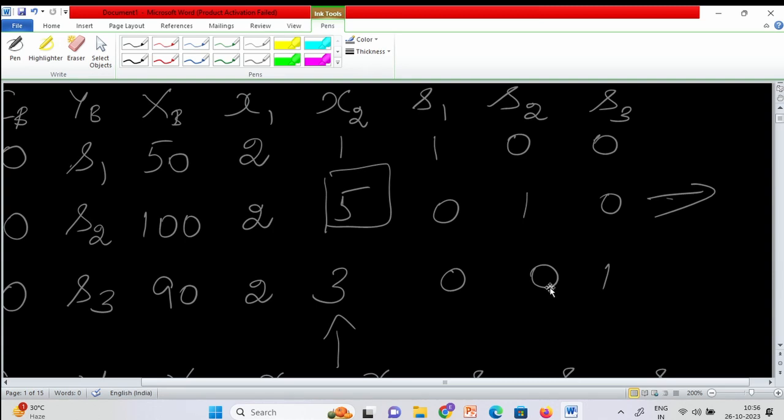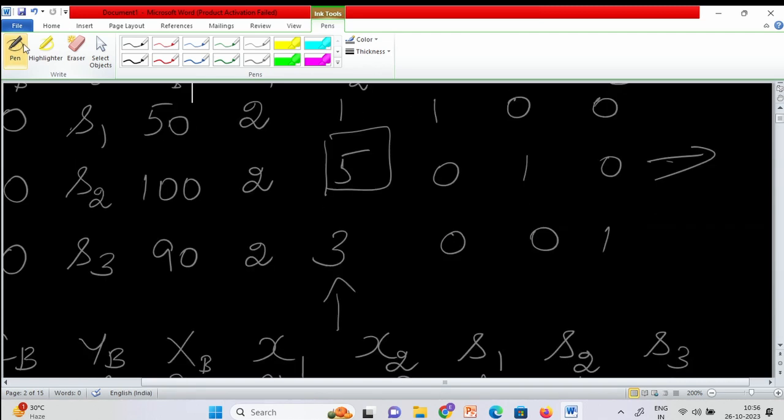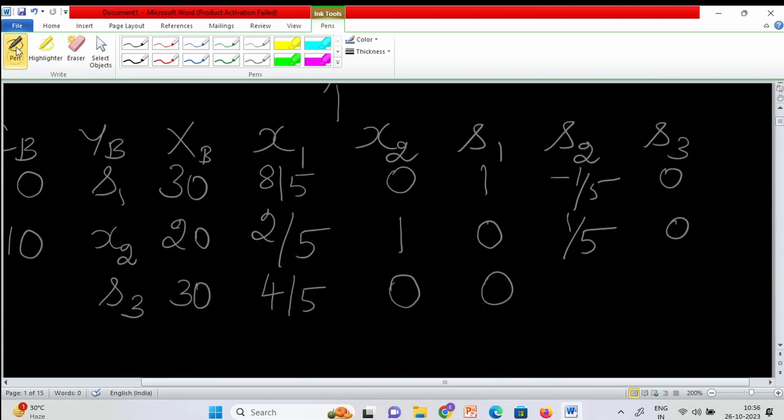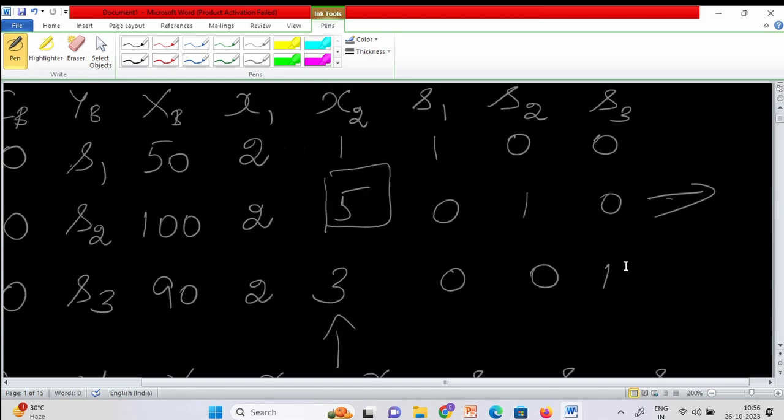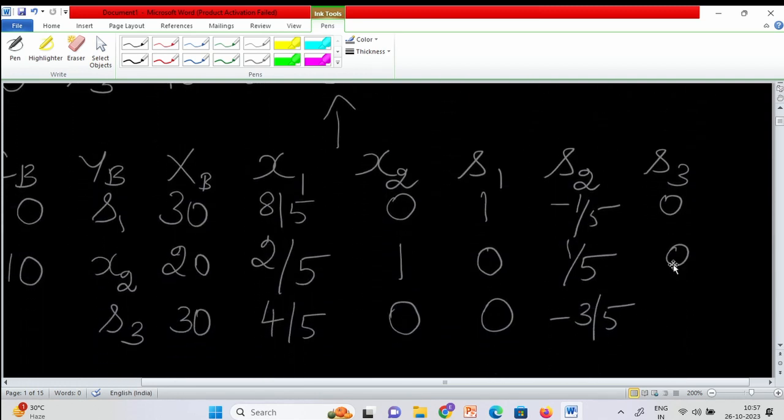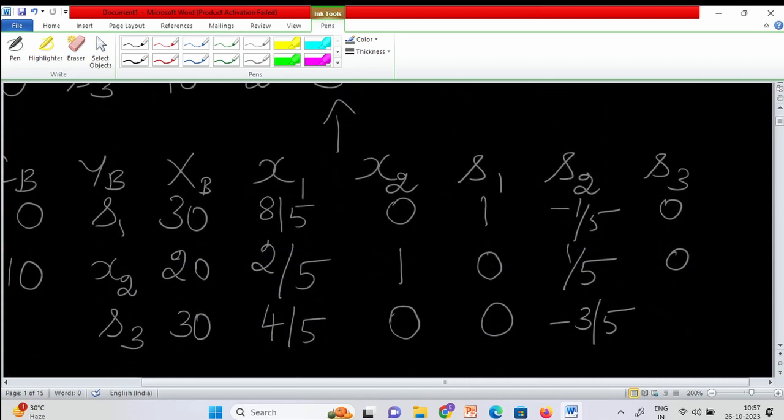So here 0 minus 3 by 5 is minus 3 by 5. And then the last entry, here it is 1. Here it is 0. If you multiply by 3, we will get the same 0. And then if you subtract, you get 1. The cost coefficient is 0.